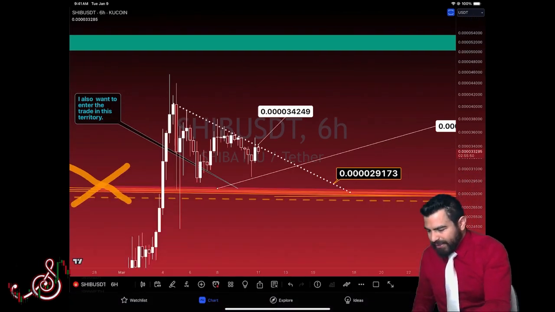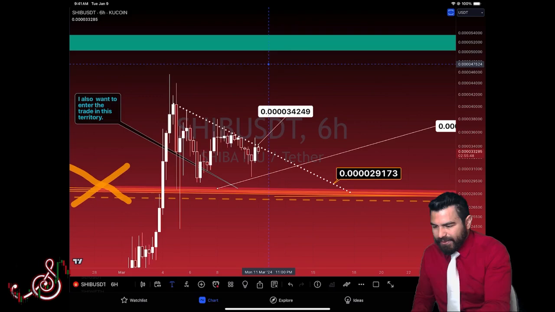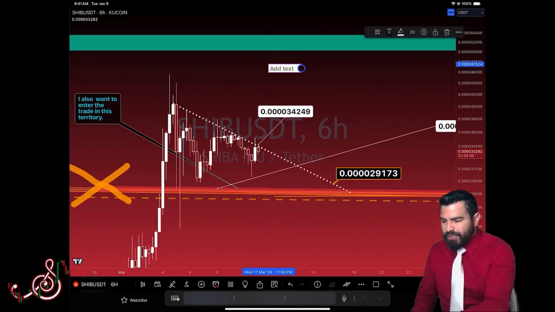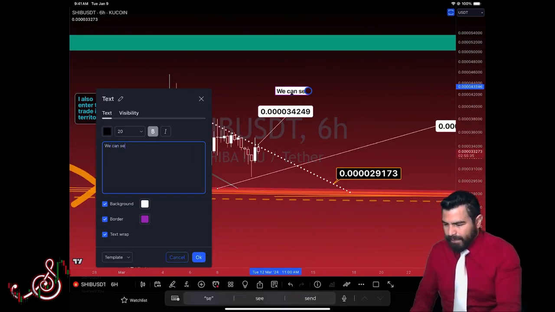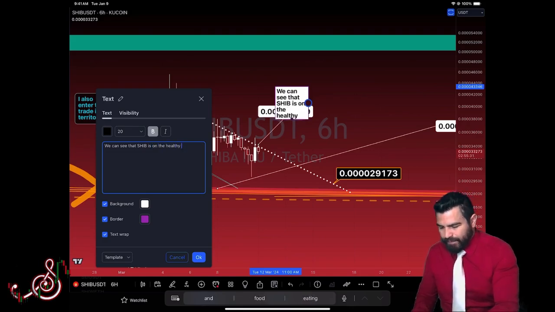Okay, so let's put this on our chart so people can see it. We're going to type this up. We're going to say Shiba. We can see that Shiba is on the healthy side on the larger time frames, the larger story.